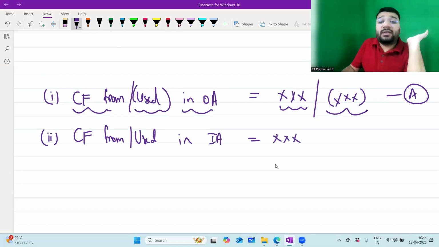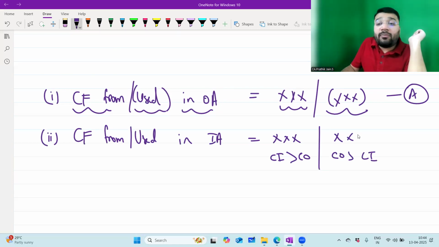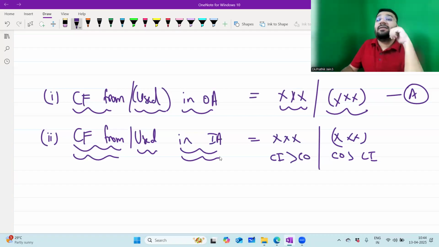When will the answer be positive? When the cash inflow is more than cash outflow of the investing activity, the answer is going to be positive. And sometimes the cash outflow is going to be more than cash inflow. In that case, it is going to be negative. Positive means cash flow from investing activity. If it is negative, then it is cash flow used in investing activity. This is your point number B.